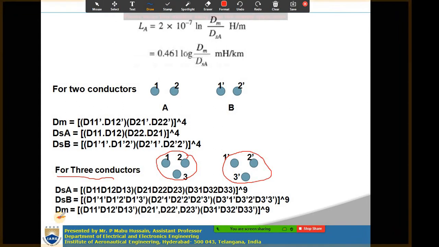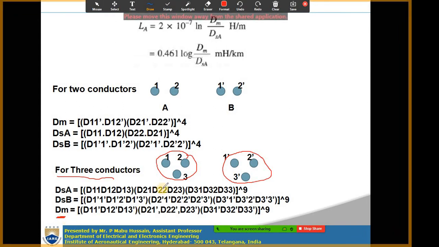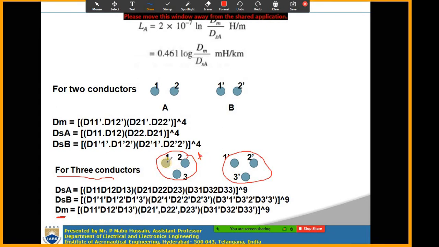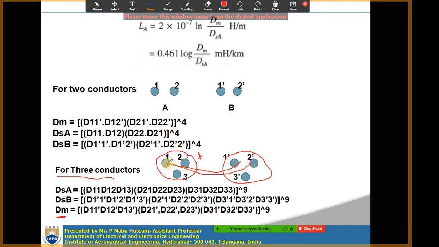When you are writing DM, let us take conductor A, and for all the filaments you have to write the mutual distances with respect to 1 and all the 3 strands of conductor B. That means D11', D12', D13'.